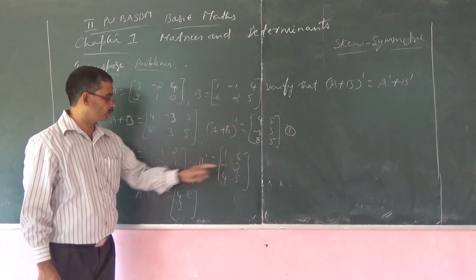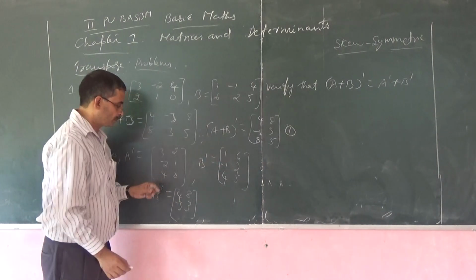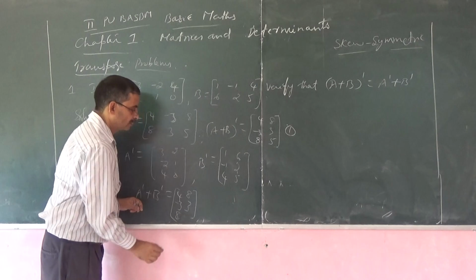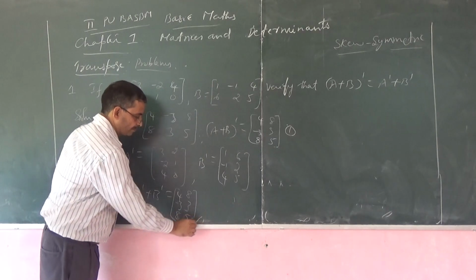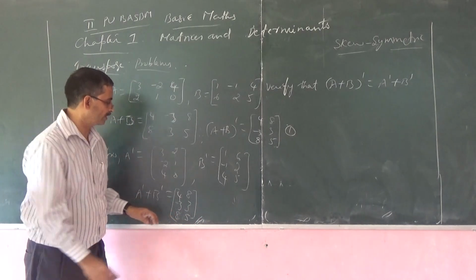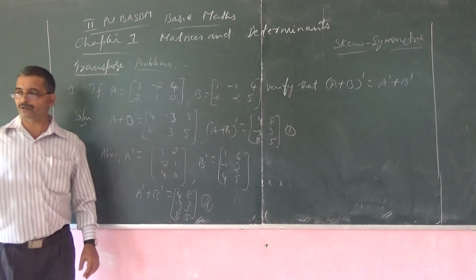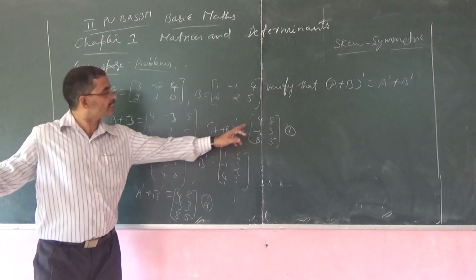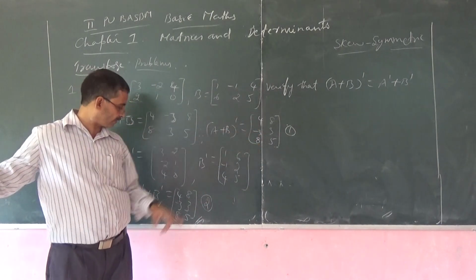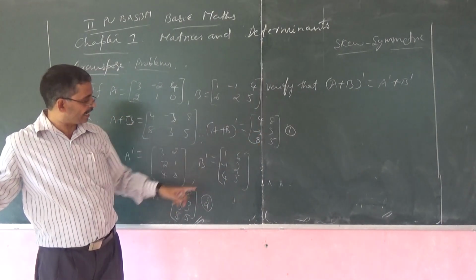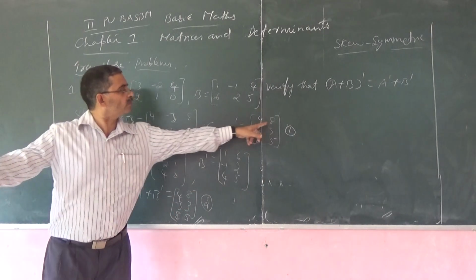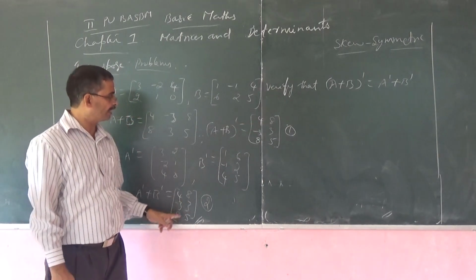Next 1 plus 2 is 3. 4 plus 4 is 8. 0 plus 5 is 5. Now this we call 2. Just addition. Compare now. (A plus B) dash is 4 8 minus 3 3 8 5. What about A dash plus B dash? Same thing: 4 8 minus 3 3 8 5.